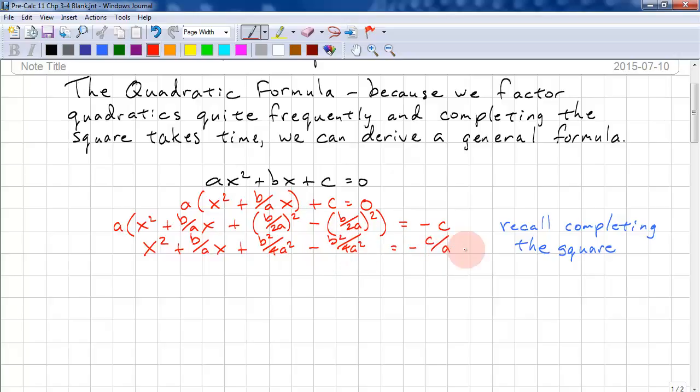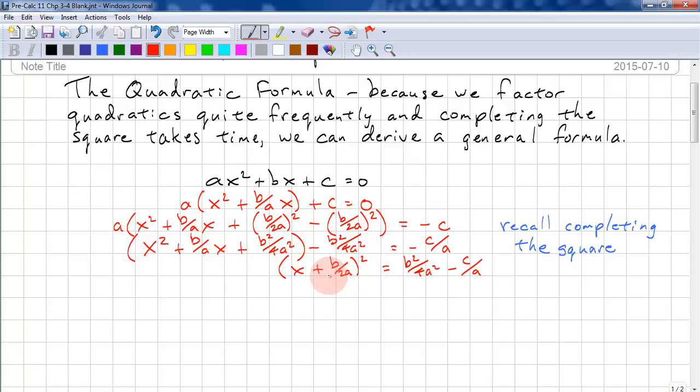Okay, we move this term to the other side. We leave this term because that's our square. So this side becomes x plus b over 2a squared. And this side becomes b squared over 4a squared minus c over a.